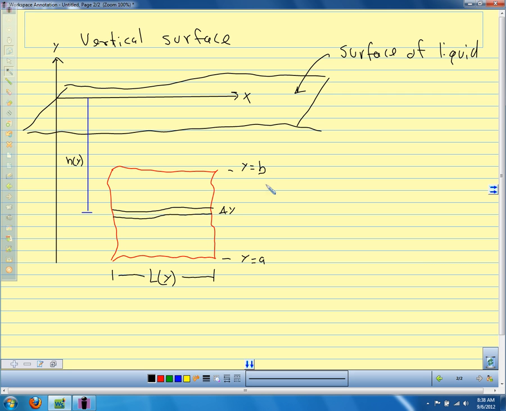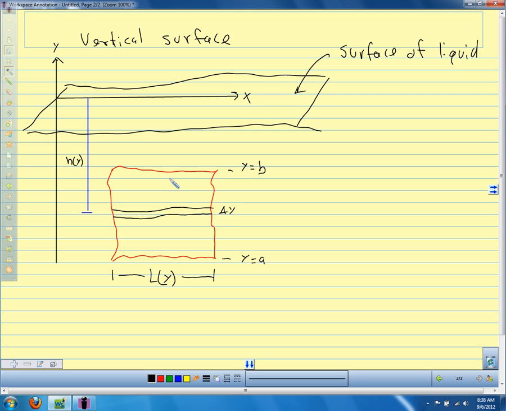So to find the force exerted on this surface, we have to sum all the little bits of force on each little individual horizontal strip. We're saying that the strip delta y is small enough that we can assume that the force is constant over that little strip, and we're going to sum the force on each little strip as we go up from y equals a to y equals b. So this is just like we did for work. We summed all the little increments of work.